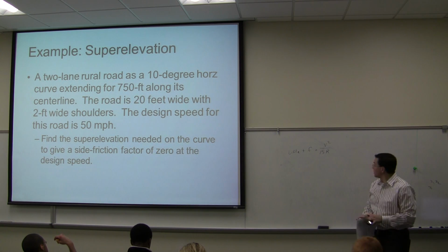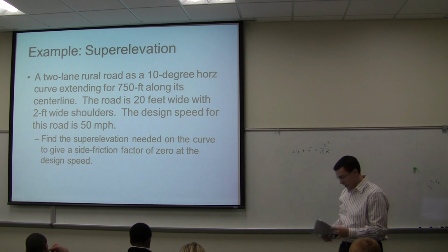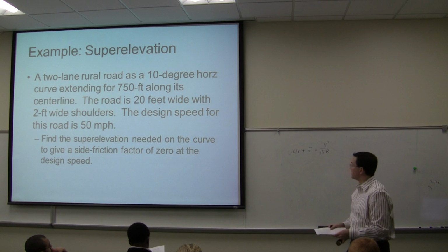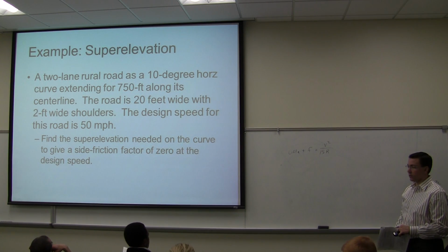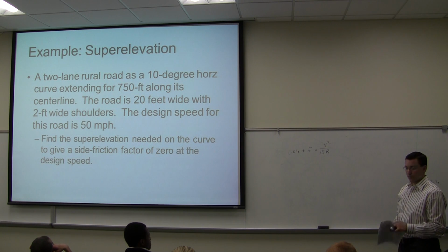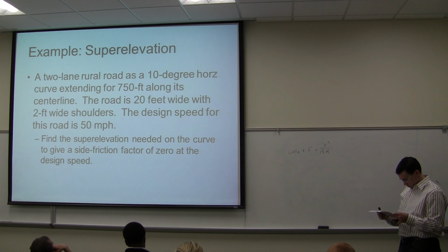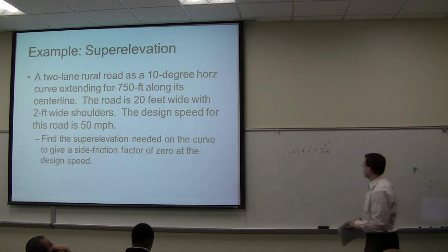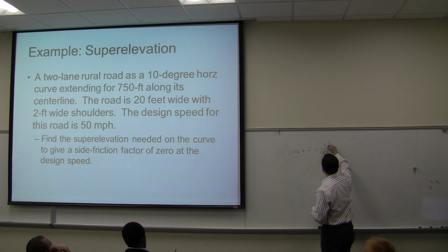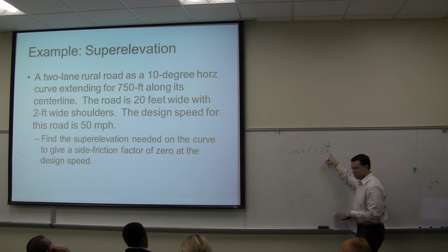Those of you who still have the first section, or page 162, what are the units that it specifies for V? Miles per hour. Oh, the units page. I'm sorry, I didn't listen to you. Miles per hour. All right, so V is supposed to be in miles per hour. What is R supposed to be in?